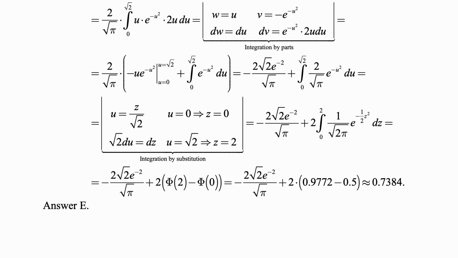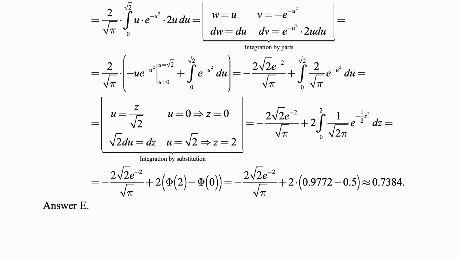Well, of course, what you see here is the integral of the PDF of the standard normal distribution. So what we have here is minus 2 square root of 2 e to the minus 2 over square root of pi, plus 2 times phi of 2 minus phi of 0, where phi again is the cumulative distribution function of the standard normal distribution.